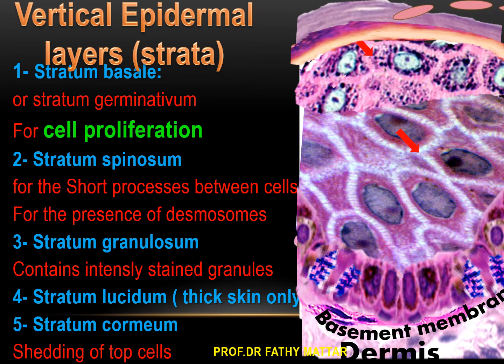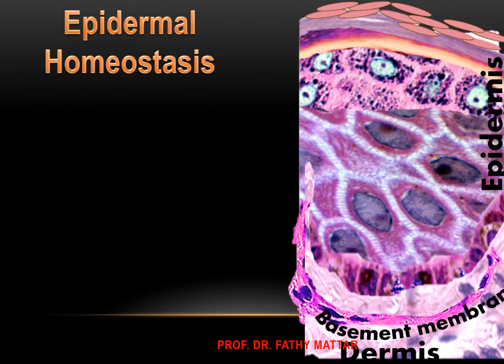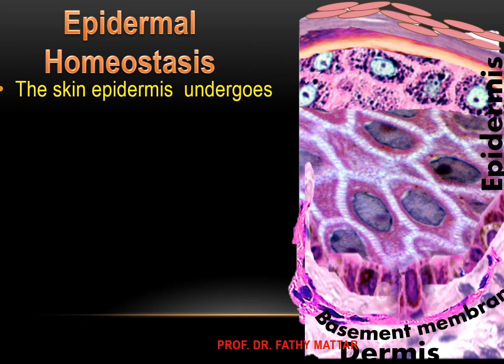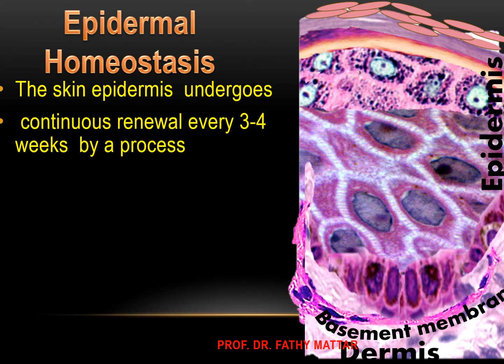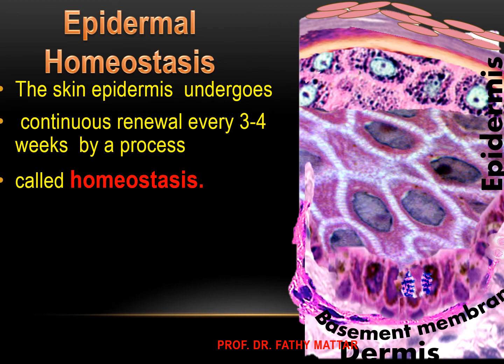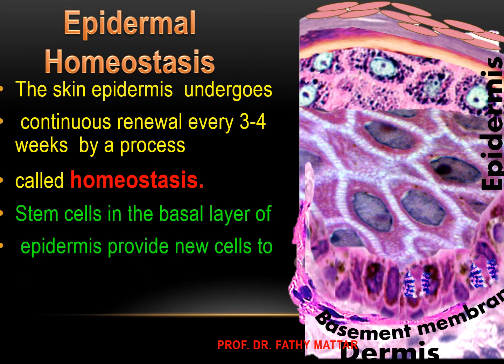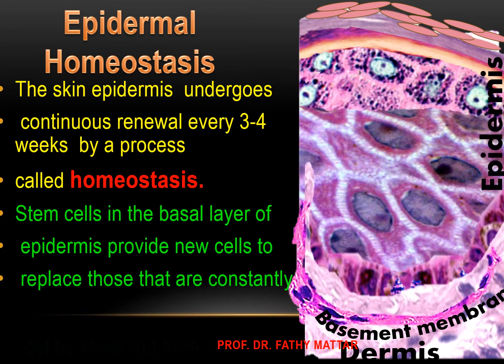And so we will see that the epidermis is continuously renewed by the formation of cells in the basal layer and the loss of cells on the top layer. This is called epidermal homeostasis. So the skin epidermis undergoes continuous renewal every 3 to 4 weeks by a process called homeostasis.